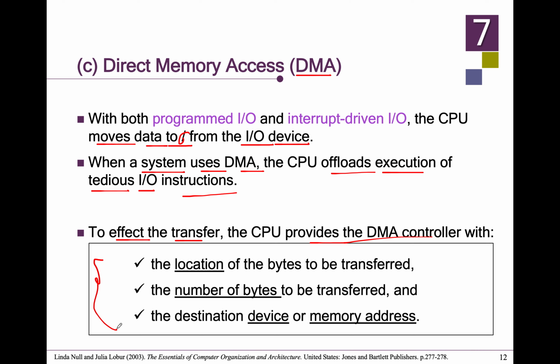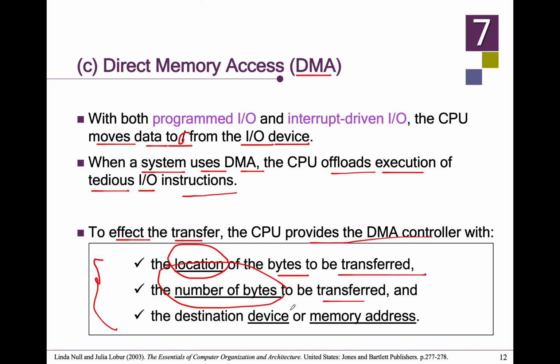Okay, so first is the location. This is what the CPU will provide. So the CPU will provide the locations of the bytes to be transferred. Second, the number of bytes to be transferred.